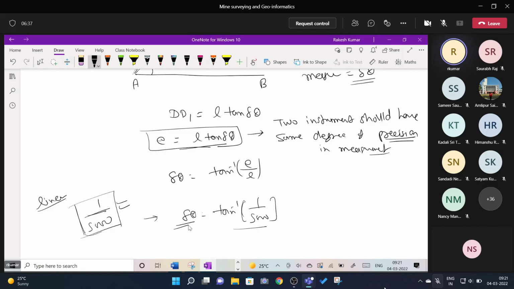So the delta theta, how much will you get? Anybody can calculate? Give me the value. Sir, it's 0.11 degrees. Okay, convert it into minutes. Can you do it?